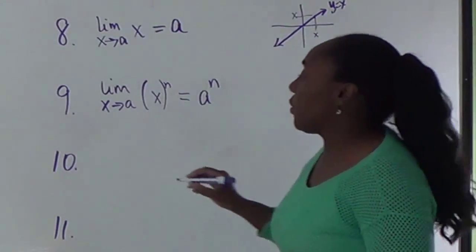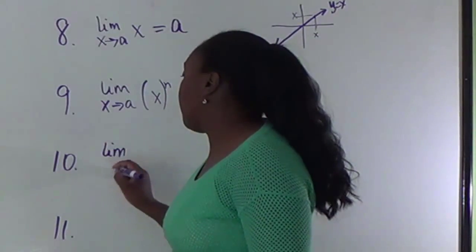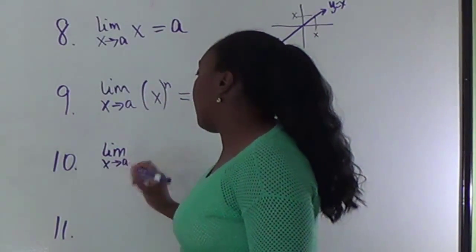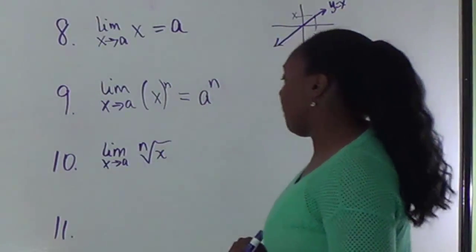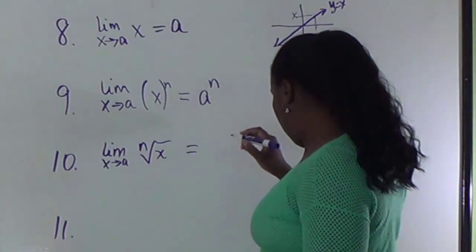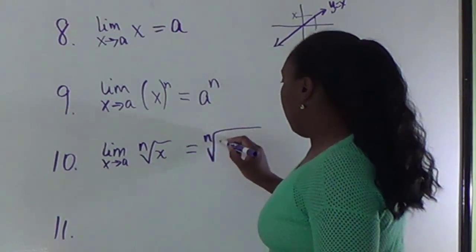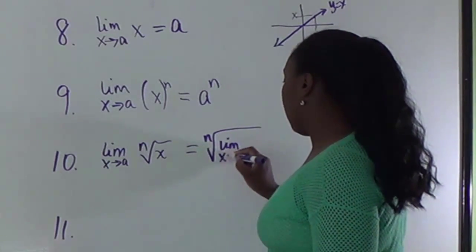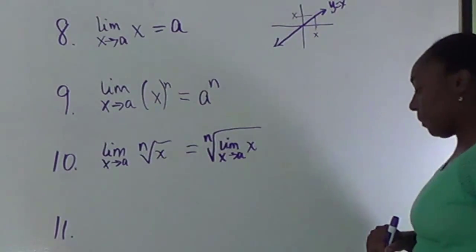The same works for roots. So if I look at the limit as x goes to a of the nth root of x, here I can call this the nth root of the limit as x goes to a of x. Okay.